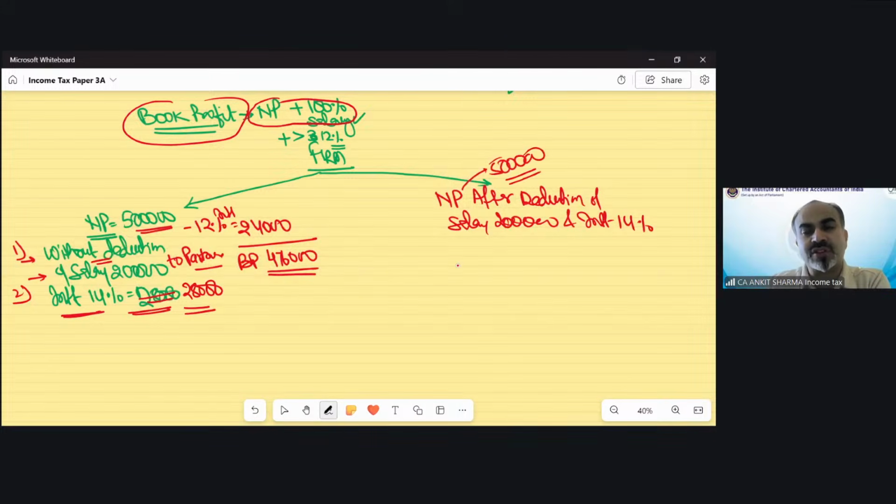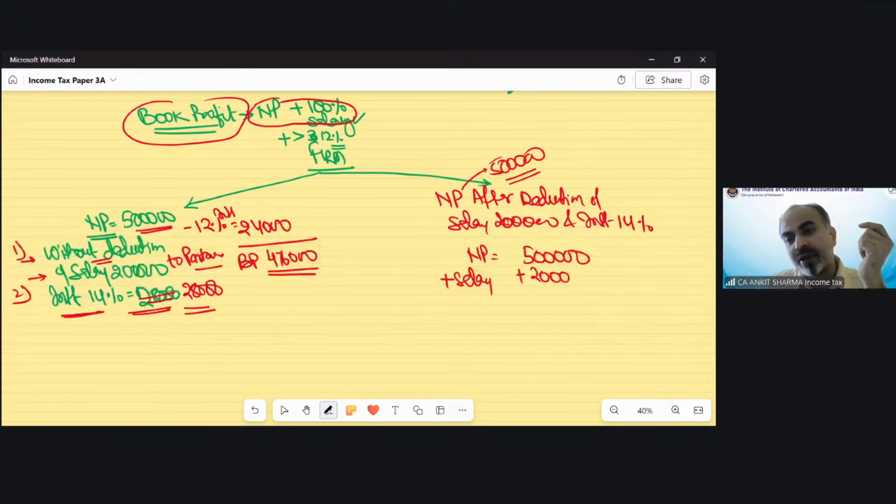After these two deductions, how will I calculate the book profit? I'll take this net profit. I will add back full salary because salary has already been deducted. So I will add back the full 2 lakh rupees salary, and I'll add back the interest of 2% only, which is actually disallowed.